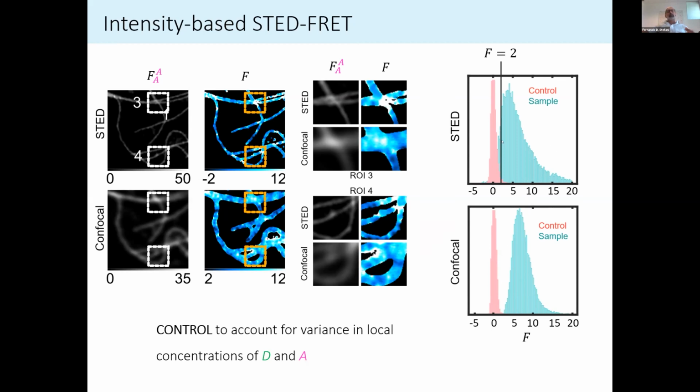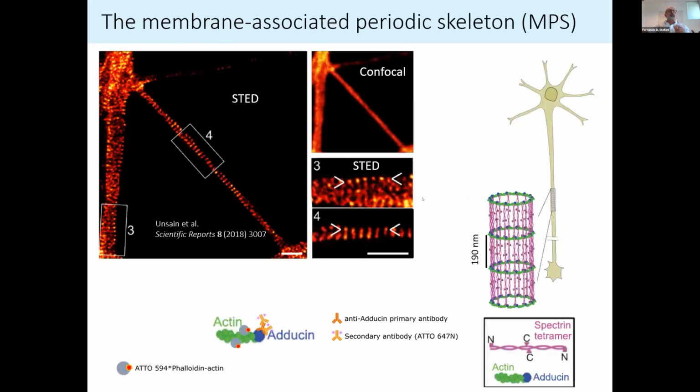But in STED-FRET, these two are not totally separated because, as I said, the detection volume is very small. And therefore, there might be random fluctuations that give you an apparent FRET signal. So you need to put a threshold that statistically will have some false negatives and some false positives, but you can compute that with your control measurements, and putting that threshold properly, you can know that you will only consider positive FRET signals in subdiffraction volumes.